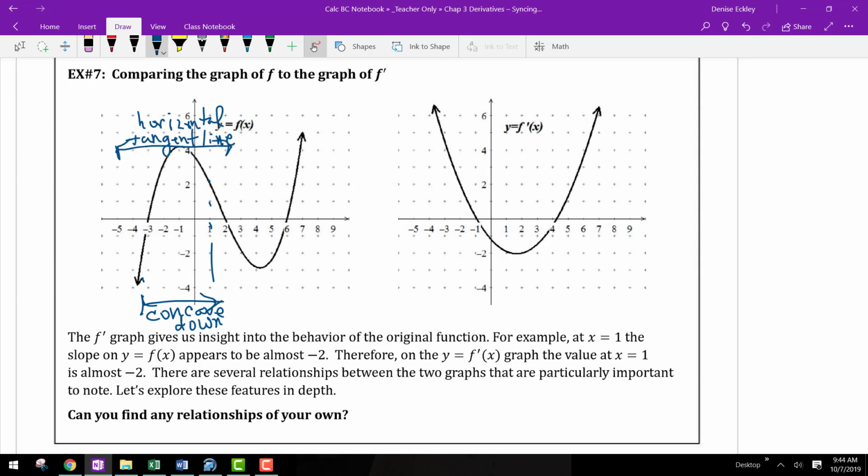And the place where we stopped being concave down, like right around there, that's called a point of inflection. And we're going to use that term quite a bit. It's where the graph kind of flips itself over. So a point of inflection. And then from there to here, in this section, the graph is concave up. So that's why we called it the inflection point. And again, here we have a horizontal tangent line.